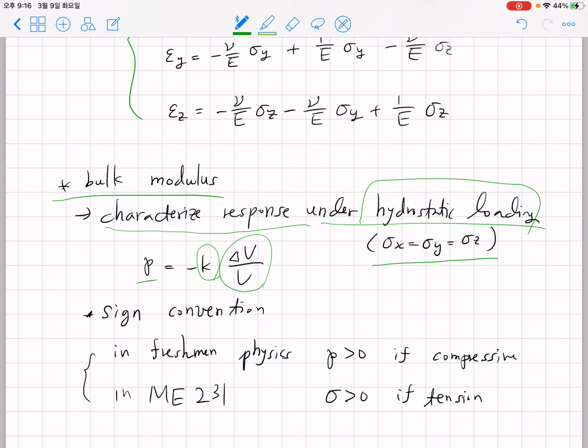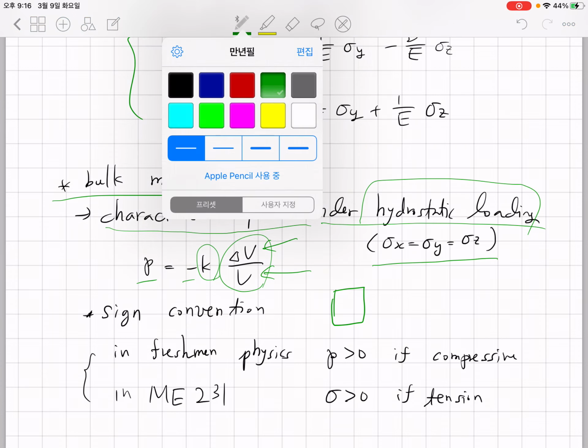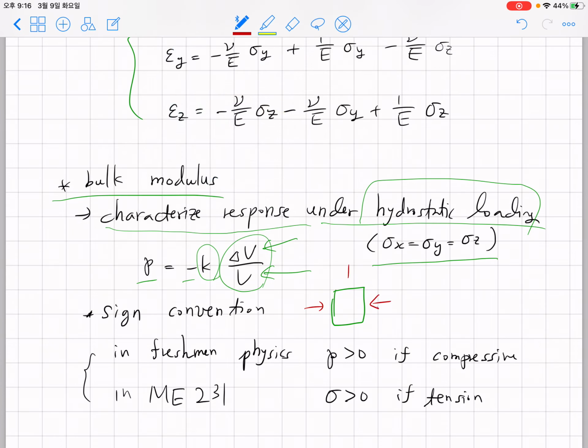Then bulk modulus K is defined as this, where P is the pressure, delta V over V is the change in volume over the original volume, and you put a negative sign. The reason is the following. When you originally have this big sample under hydrostatic compression, you can expect the sample will shrink, so the change in volume will be a negative number. You use a ratio delta V over V because you want to make a material property independent of size.